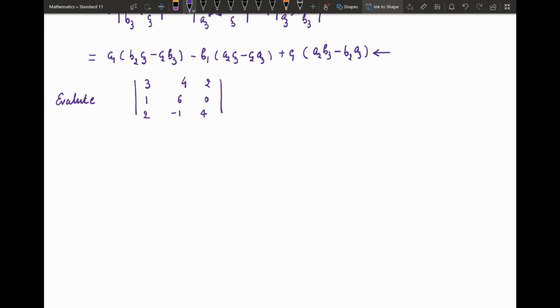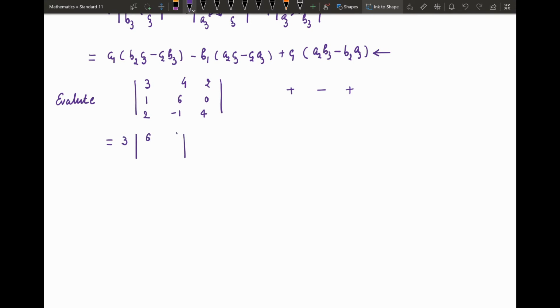So as we have discussed how to evaluate this 3 by 3 determinant, we will take the entries of the first row. We will use the signs in this formula, plus minus plus. So 3 into the 2 by 2 determinant.